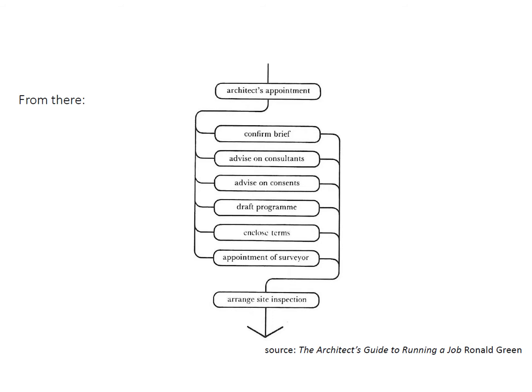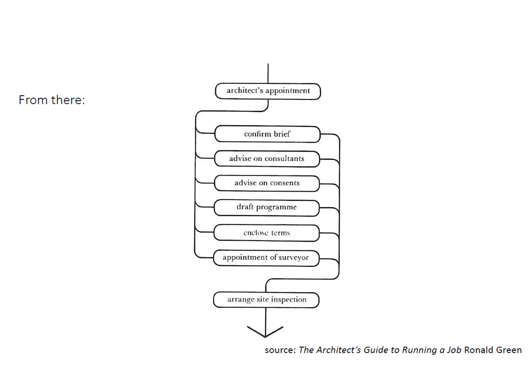You will advise on consents required, so this means whether the project will need planning permission, whether it will have to go through the building control amendment regulation system, fire safety certificates, disability access certificates, and so on. So that's the legislative information that you're going to have to compile.